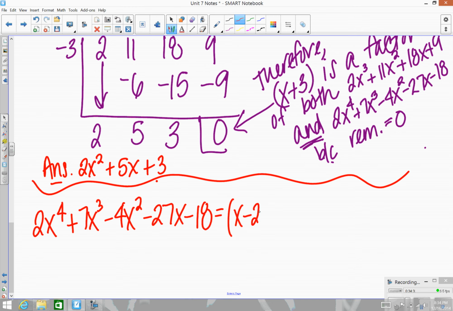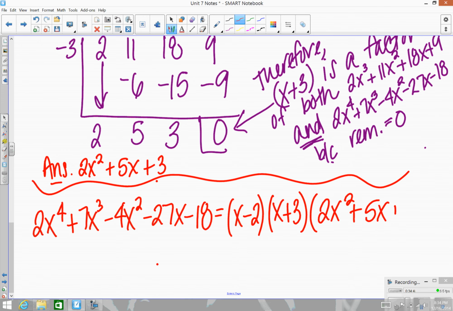Basically I took that entire thing and divided it by x minus 2, then divided it by x plus 3, and then I'm left with 2x squared plus 5x plus 3.